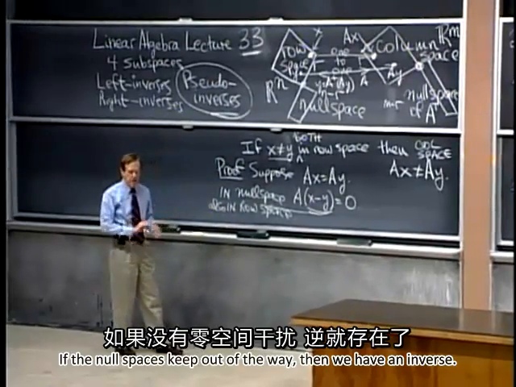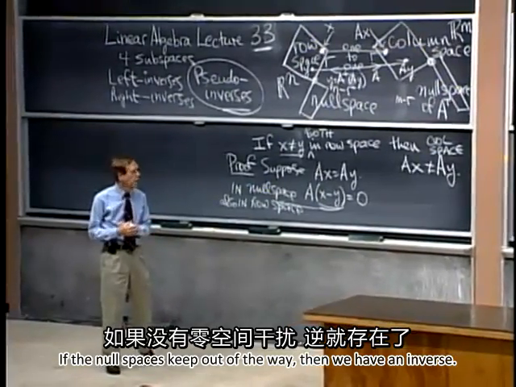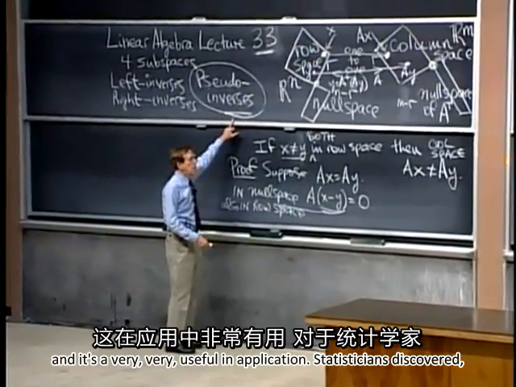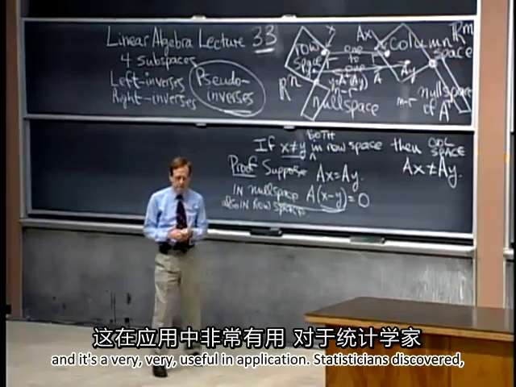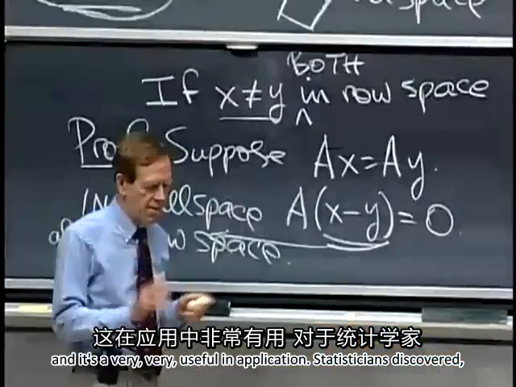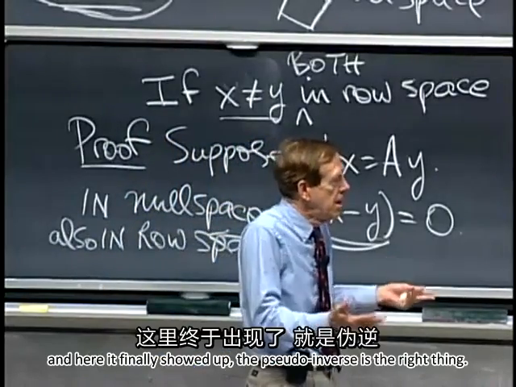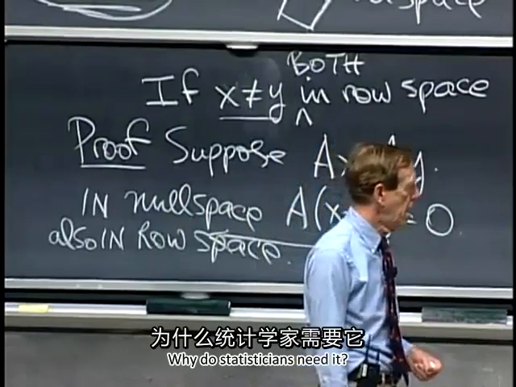If the null spaces keep out of the way, then we have an inverse. And that inverse is called the pseudo-inverse, and it's very, very useful in applications. Statisticians discovered, oh boy, this is the thing that we needed all our lives, and here it finally showed up. The pseudo-inverse is the right thing.